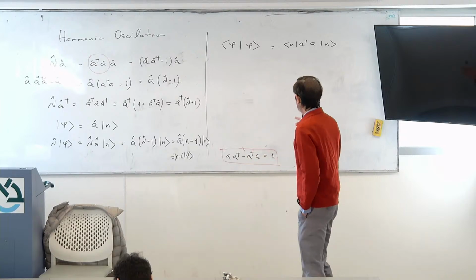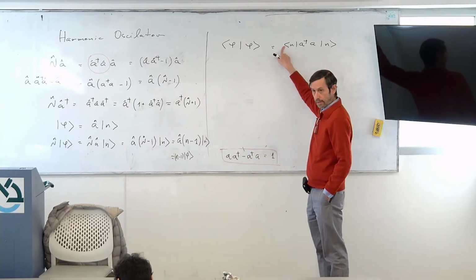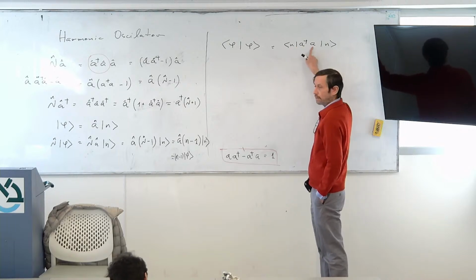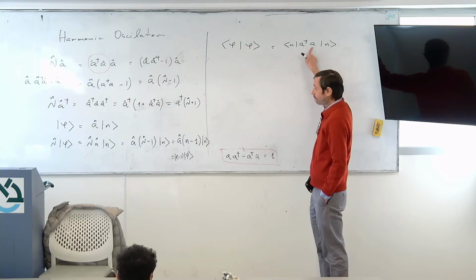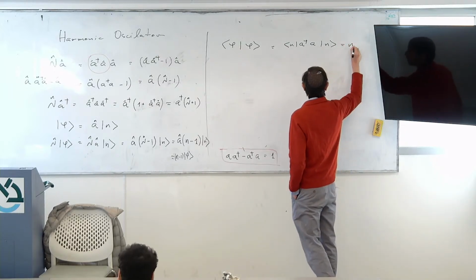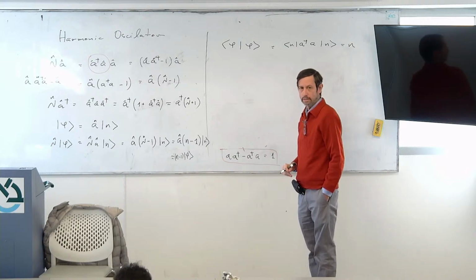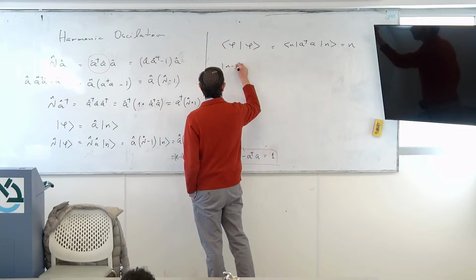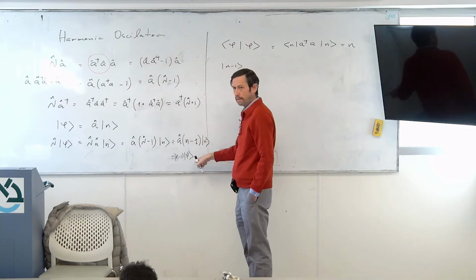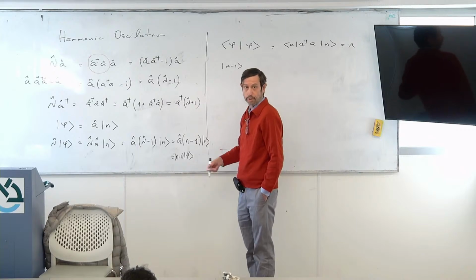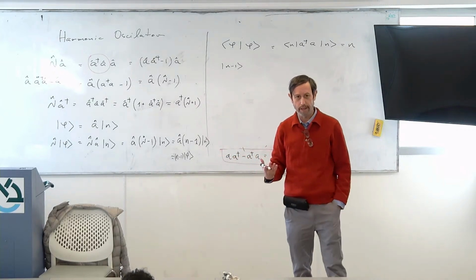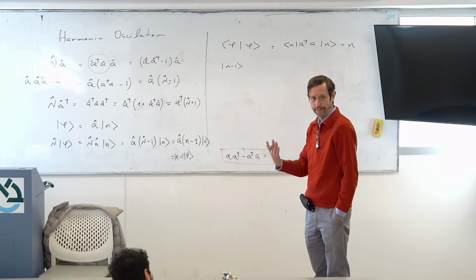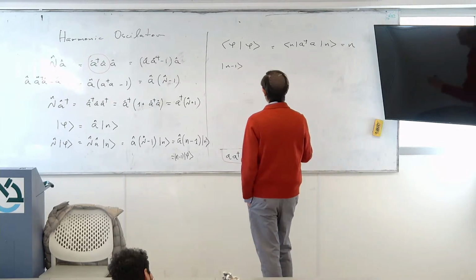Remember, I'm now operating to the left, so it's A dagger. This is not a Hermitian operator, so I have to be careful. But this guy just gives me n. So this is equal to n. So now I can give this eigenvector a name. It's n minus 1, because that's the naming scheme that we have. An eigenvector that gives us an eigenvalue of n minus 1 is this guy.